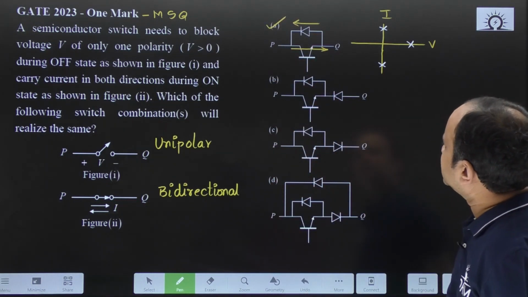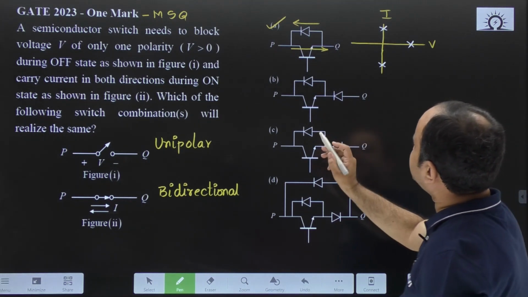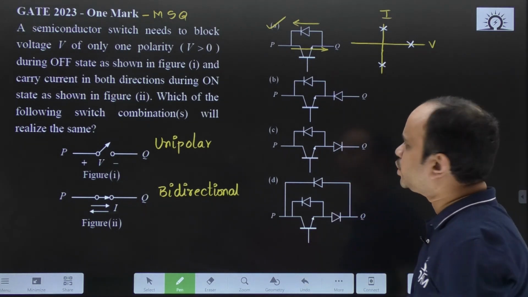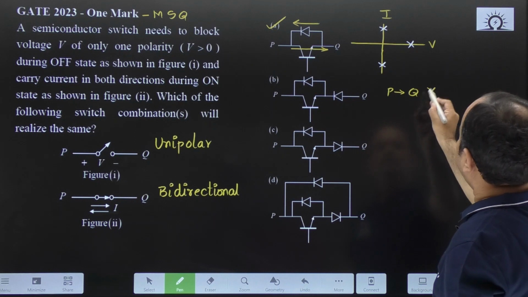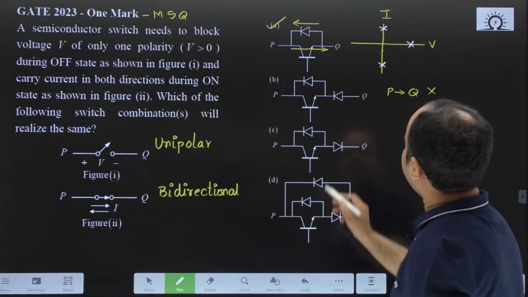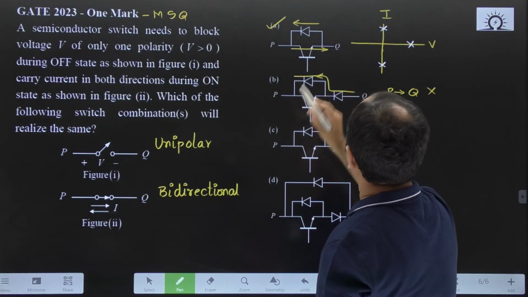Next one. Now, in this case, this switch cannot carry a current from P to Q. P to Q is not possible. Why? Because this diode is placed in a reverse direction, but this can carry the current from Q to P. Okay.